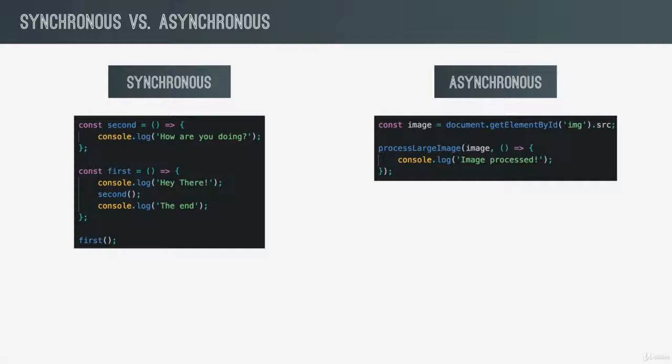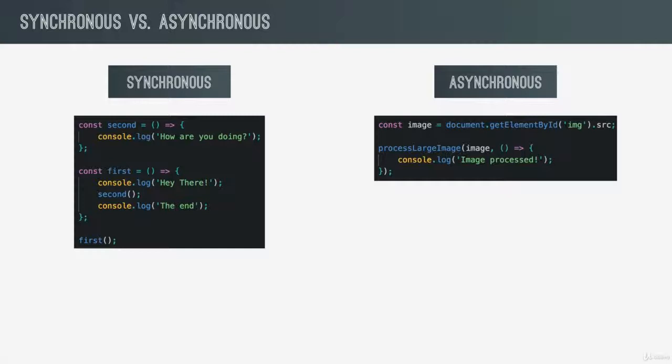And so, just like before, we don't want the code to have to wait. So we don't want it to stop while the image is processing, because that would be terrible in some situations. So what we do here is to also pass in a callback function that we want to be called as soon as the function is done processing. And just like that, we have created asynchronous code.